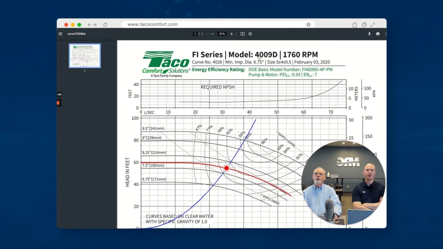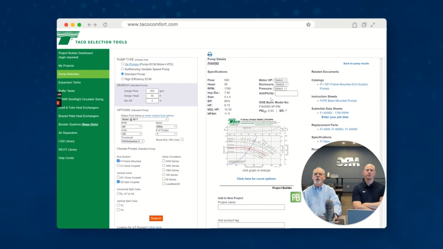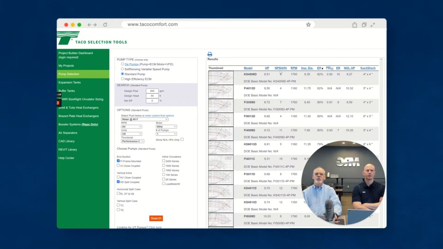Okay. Hey, tell me about net positive suction head. All right, let me go back to this other thing here where it shows it on the curve, on the selection part of it. It will tell you what you've got. This net positive suction head, I like to have a low net positive suction head, because with the low net positive suction, that lets you take that down to less PSI coming into the pump.